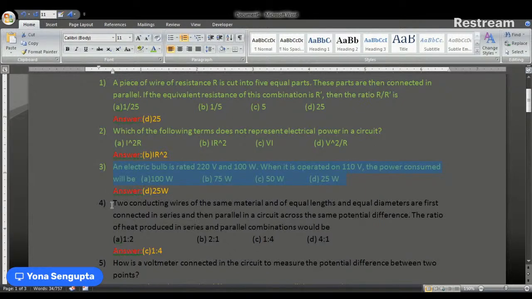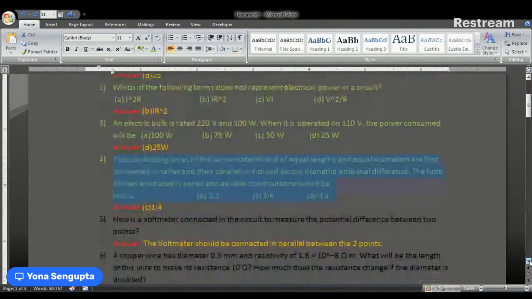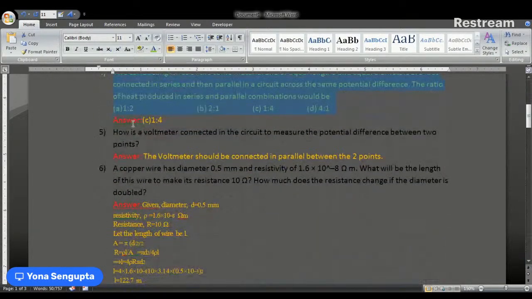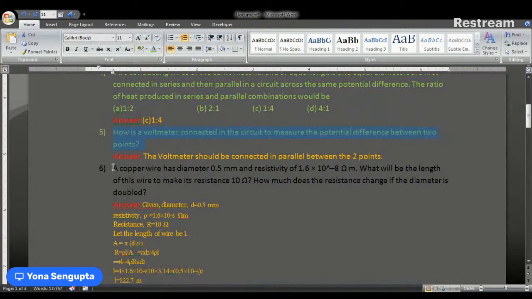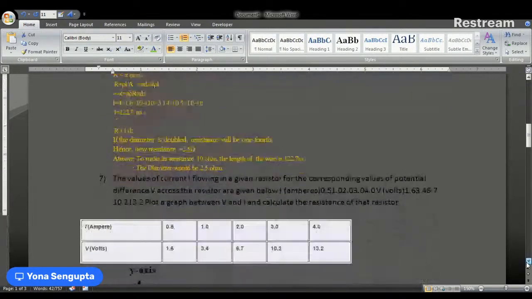Those are the questions, and the answers are also given respectively. Next, I hope you can see number 5. Then we have number 6. The answer to this is this.